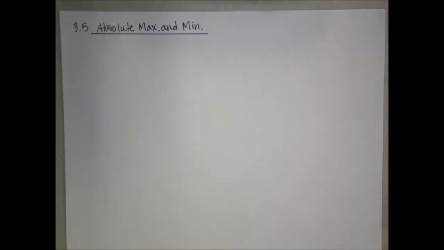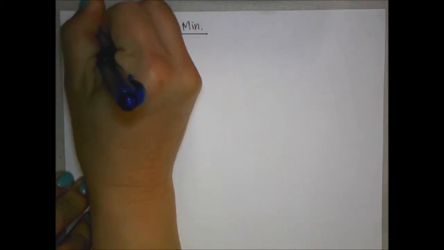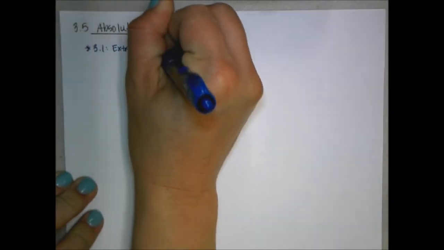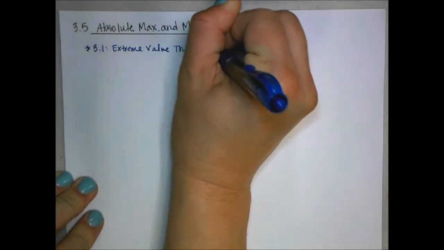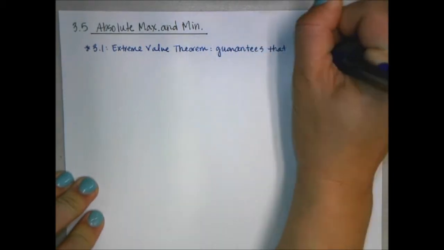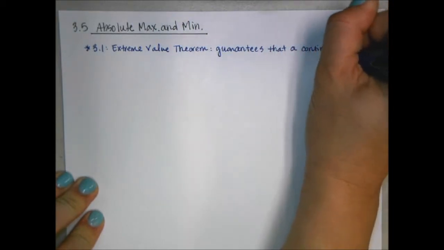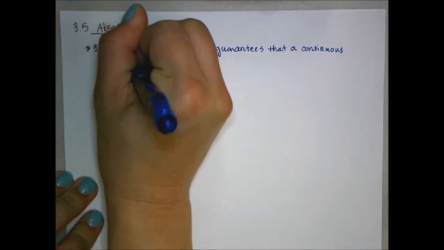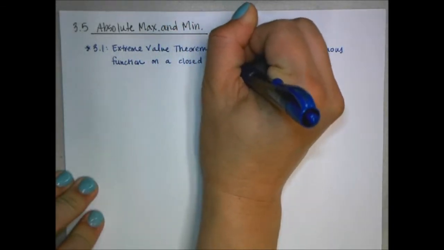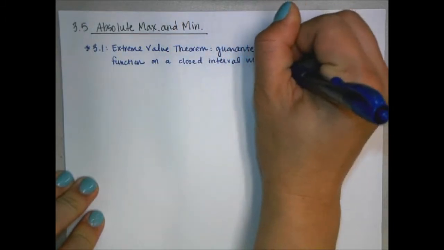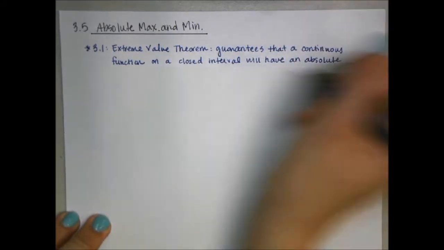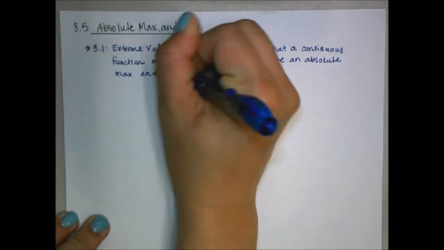So I'm going to remind you, in Objective 1, we talked about the extreme value theorem, which guaranteed us that a continuous function on a closed interval will have an absolute max and an absolute min.